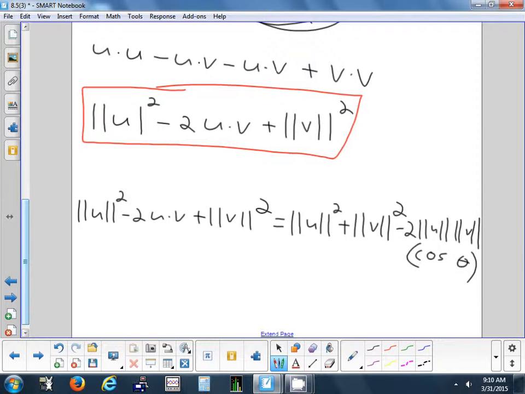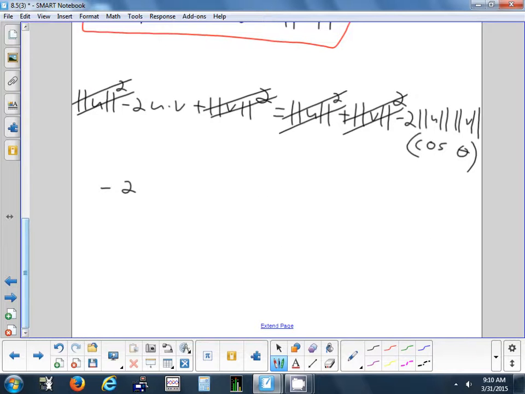They both have magnitude of u squared, so if you subtract it from each side, it cancels out. Anything else we can do? Same thing with magnitude of v squared. If you subtract magnitude of v squared, that cancels out from both sides. So now we're left with negative 2 u dot v equals negative 2 magnitude u magnitude v times cosine theta.